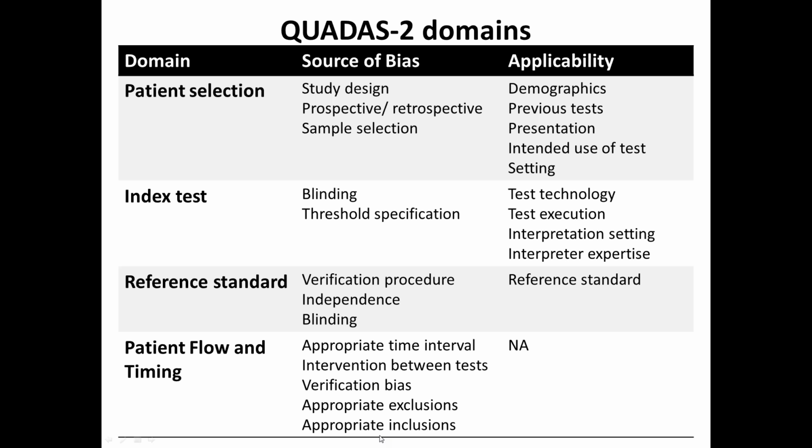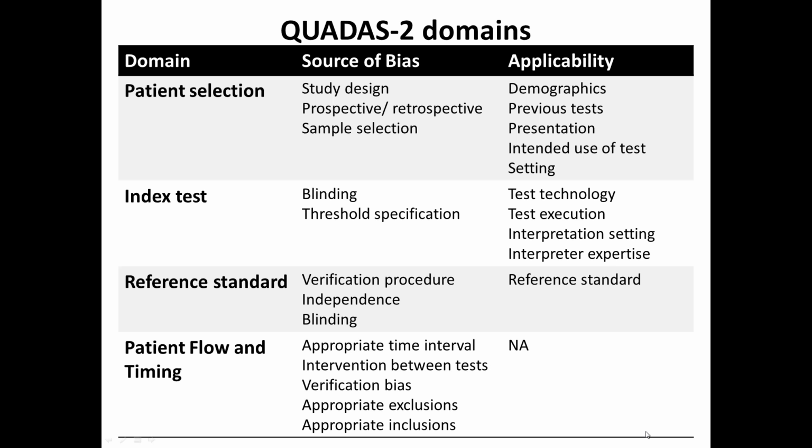And we have a fourth set of issues which are to do with whether or not tests are done close together in time, whether in some situations a patient will have actually received a drug or something between the tests, which can change their health state, and other sources of bias to do with missing data through exclusions and so on from the study.